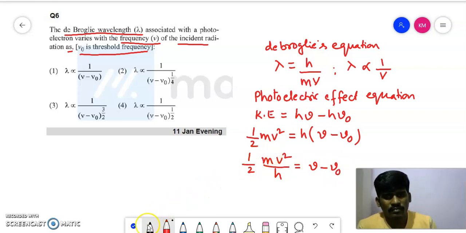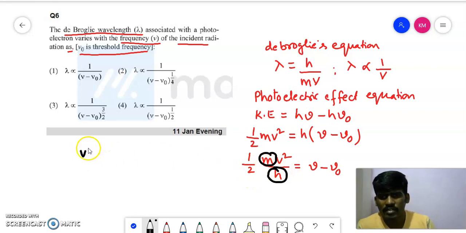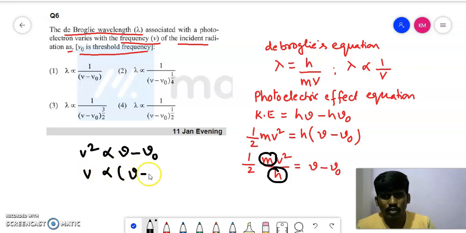Both are constants, so v square is proportional to nu minus nu naught. So v is proportional to nu minus nu naught whole raised to 1 by 2. The square, if we send it to that side, becomes root, which I am writing as 1 by 2.